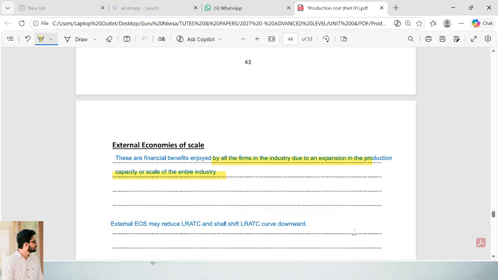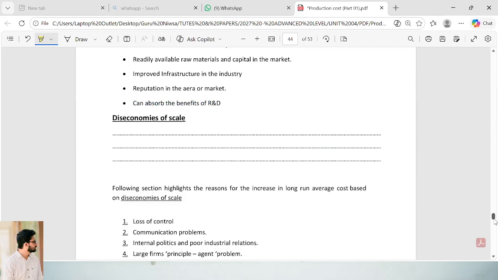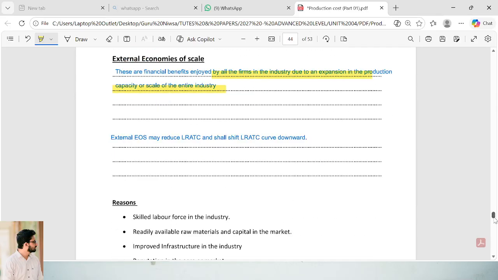This point is also really important. You can write down these two points.